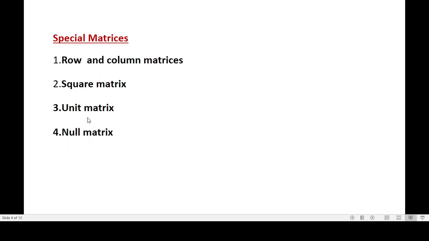Now, the third matrix is the unit matrix. A diagonal matrix of order n in which all the elements of the diagonal are equal to 1 is called a unit matrix.